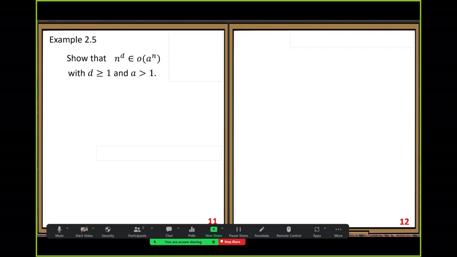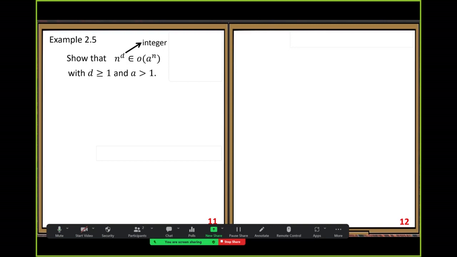In order to make our proof easier, in my proof, I assume d is an integer greater or equal to 1. That would make the proof easier. But this result is also true for non-integer.